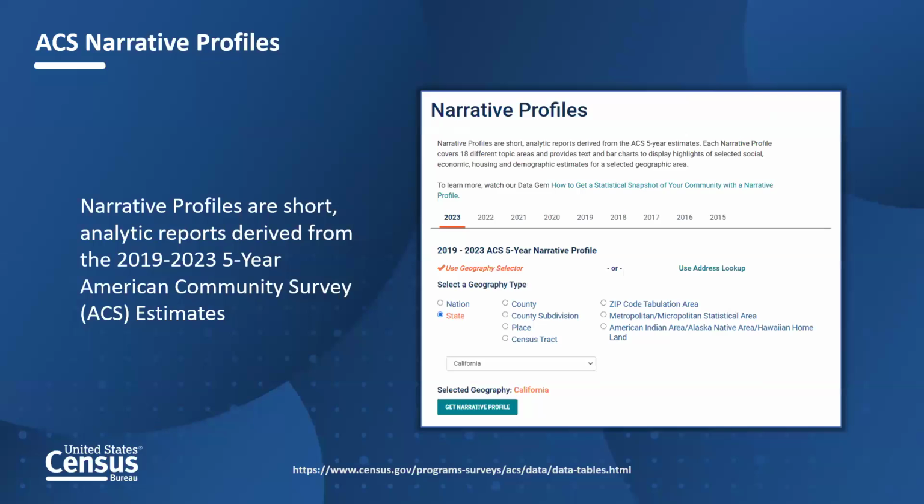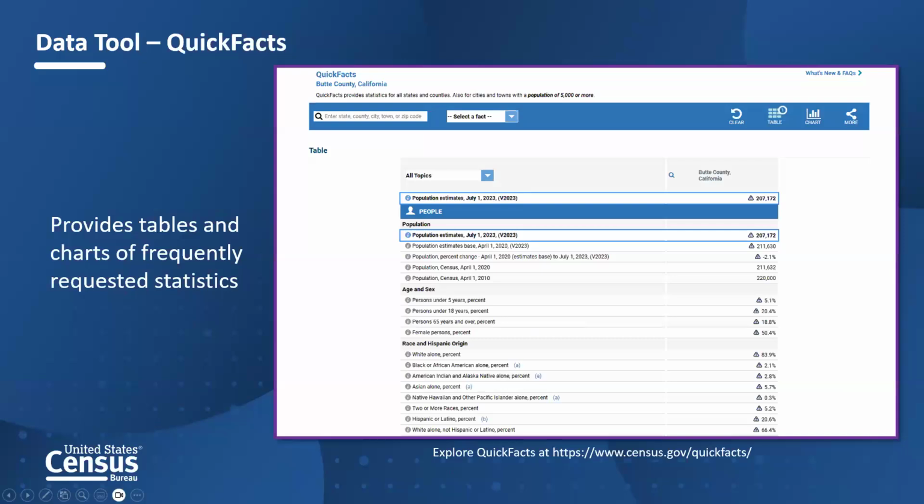All right, so the next tool that I wanted to share with you is called Quick Facts. Maybe you have utilized this before, but what we love about this is that it's an easy to use application that provides tables and charts of frequently requested statistics from many of the Bureau's censuses, surveys, and programs.